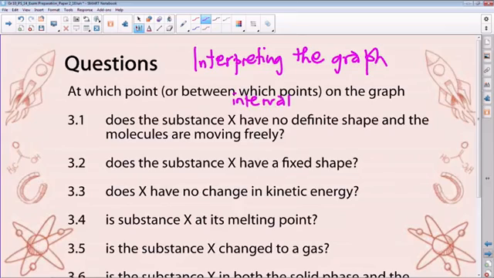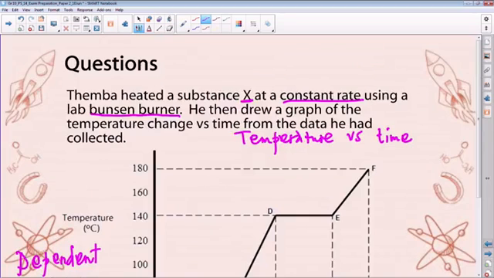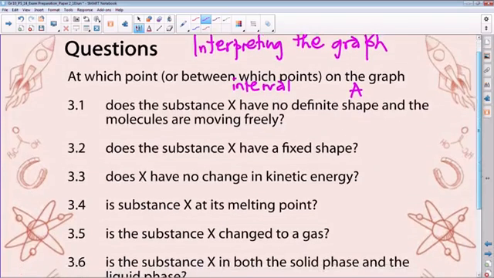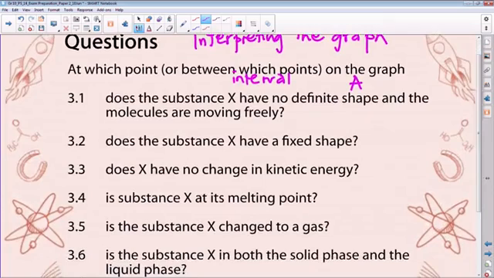In this case, we're talking about A until F. From A to F, we shall be constantly referring to the graph, just to make sense of it. Between which points, which is an interval A to F, does substance X have no definite shape?